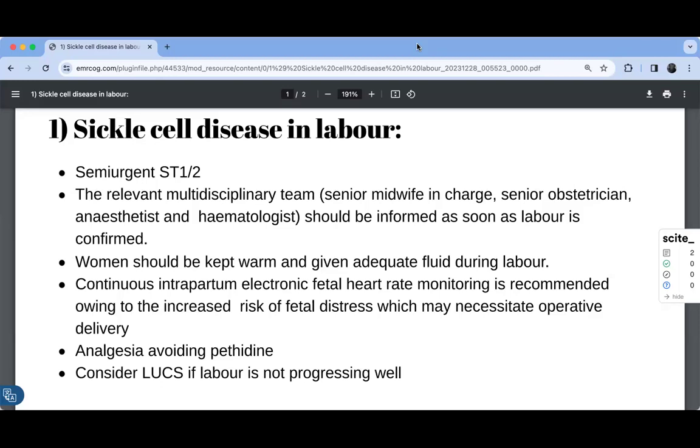Otherwise, atypical antibodies also have to be tested. That's why you are calling the hematologist. They will check the blood sample that you send, and they will prepare themselves in case any replacement is needed.